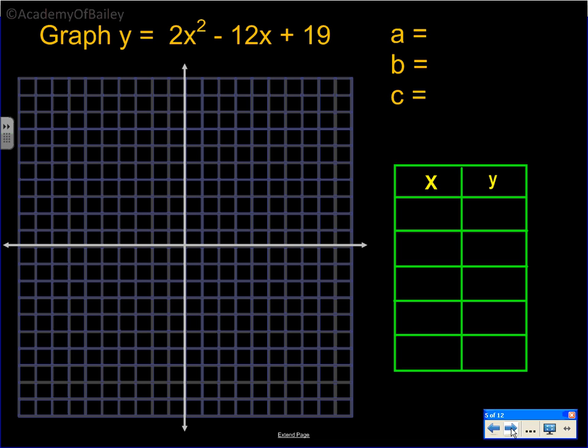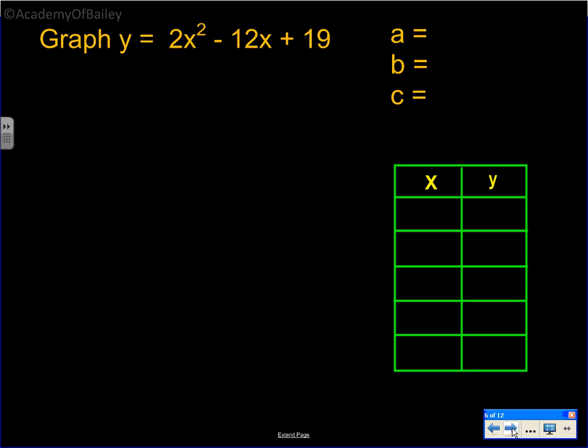It says graph y equals 2x squared minus 12x plus 19. Well, let's identify a as 2, b as -12, and c as 19.